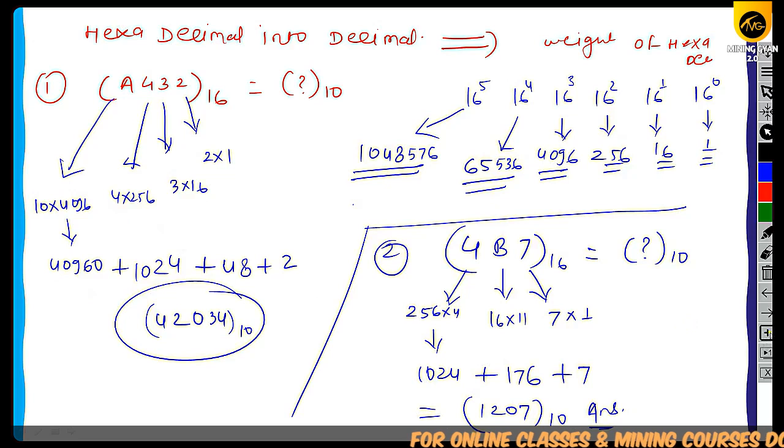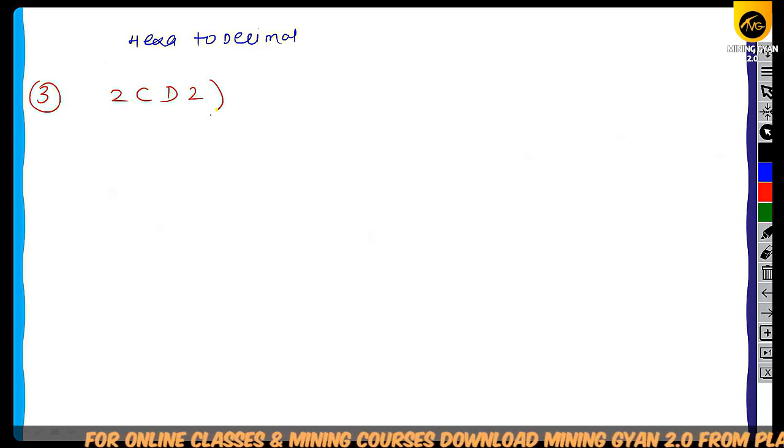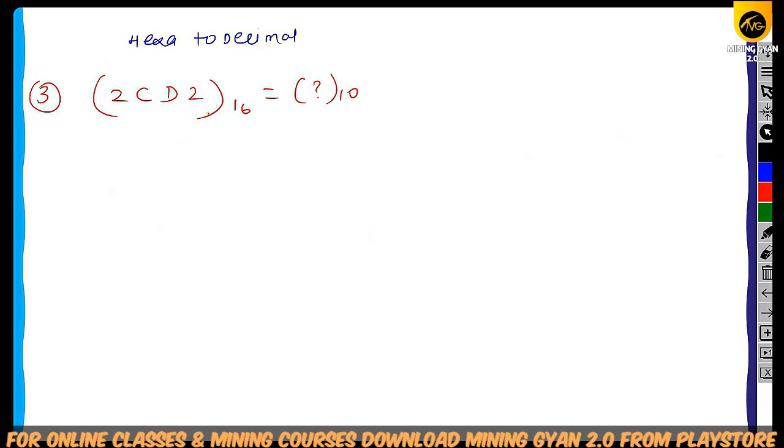Okay, let's do the last example for hexadecimal. Example number 3, suppose 2CD2. The first number will be 2 into 1. The second digit is D, and D is 13, right?